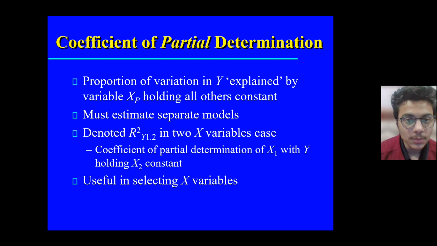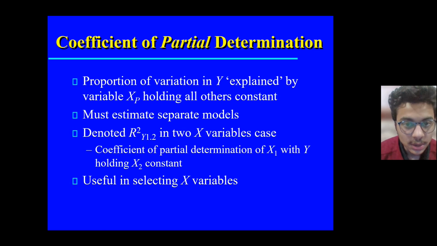Coefficient of partial determination. Proportion of variation in y explained by variable xp, holding all others constant. Must estimate separate models, denoted R square in the two x variable case.